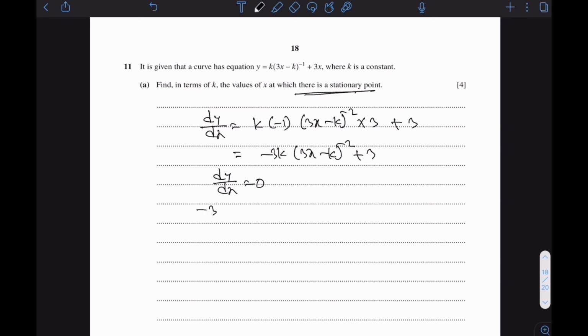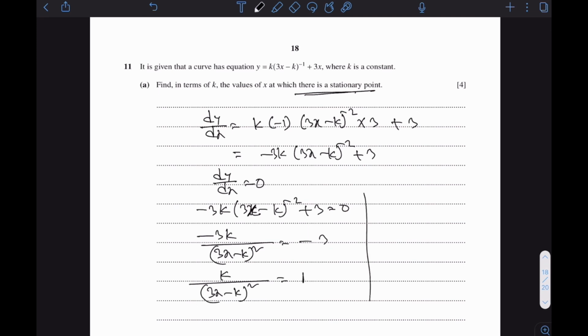Then (3x minus k) to the power minus 2 term plus 3 equals 0. Then 3k by (3x minus k) square equals minus 3. We can simplify, cut 3. (3x minus k) whole square equals 1.